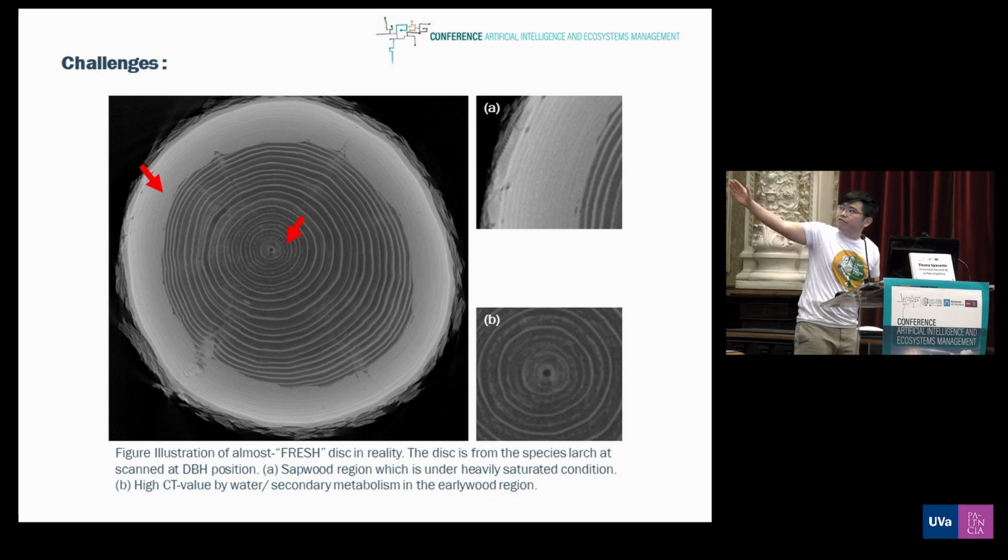So they also have this pattern of white bands, not really clear, but they exist. So if you apply normal edge detection in image processing, you get an additional ring, perfect. But this is not allowed in forest science, because you have extra growth, which doesn't make sense.